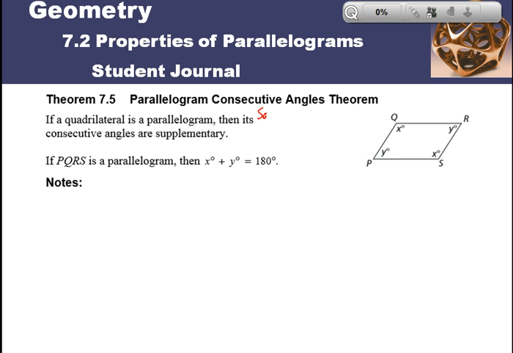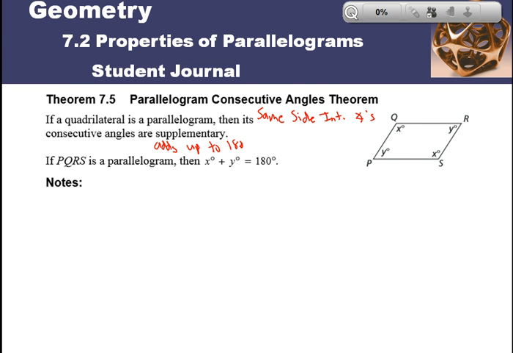So we had a theorem about those same side interior angles. And that theorem was if the lines were parallel, then the angles were supplementary. And again, remember, supplementary means adds up to 180. Okay, so consecutive means next to or same side interior.